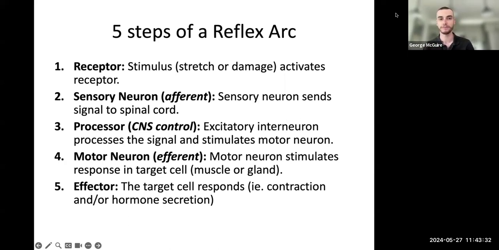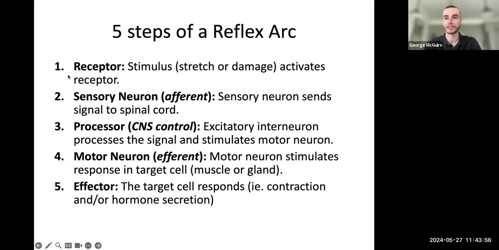So anyways, there are 5 main steps to our reflex arcs. Some of our faster reflex arcs are basically going to skip this interneuron processor phase, but can be affected by a different processor. Anyways, sorry, I think I'm complicating this earlier than it needs to be. Let's start with the basics, the 5 steps of a basic reflex arc.